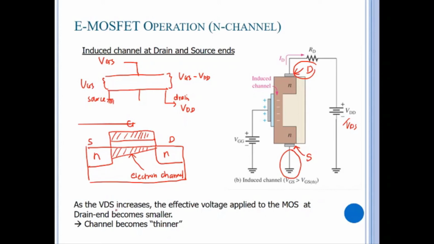So as VDS increases, this is the induced channel, the difference between the drain end and the source end. Okay, so what happens if we increase the VDD here, or VDS? We call it VDS. If we increase the VDS here, the effective voltage at the drain end becomes much smaller, and then the channel becomes much thinner.